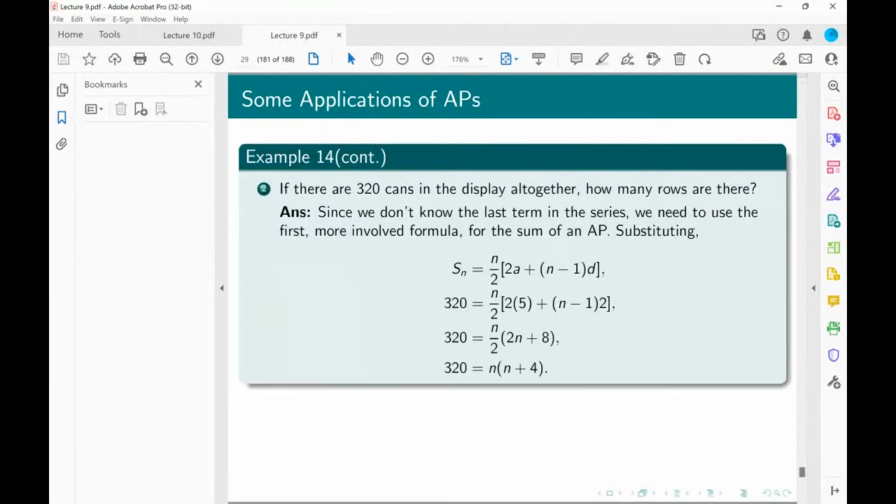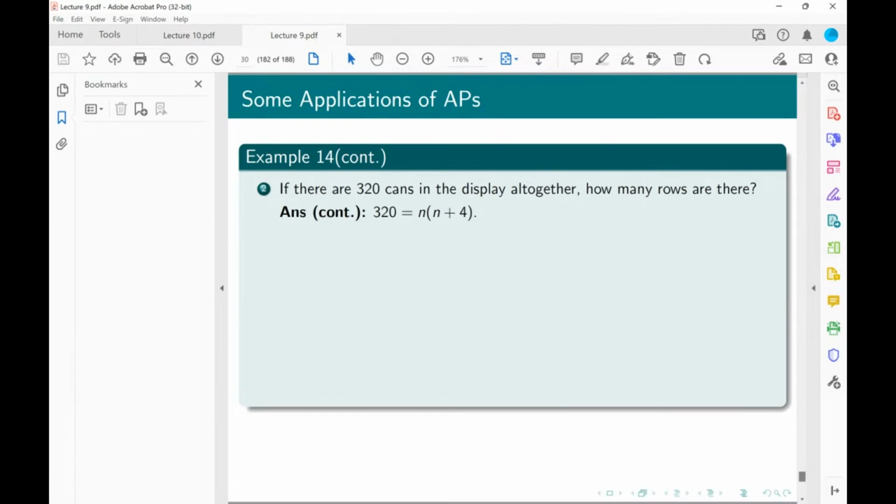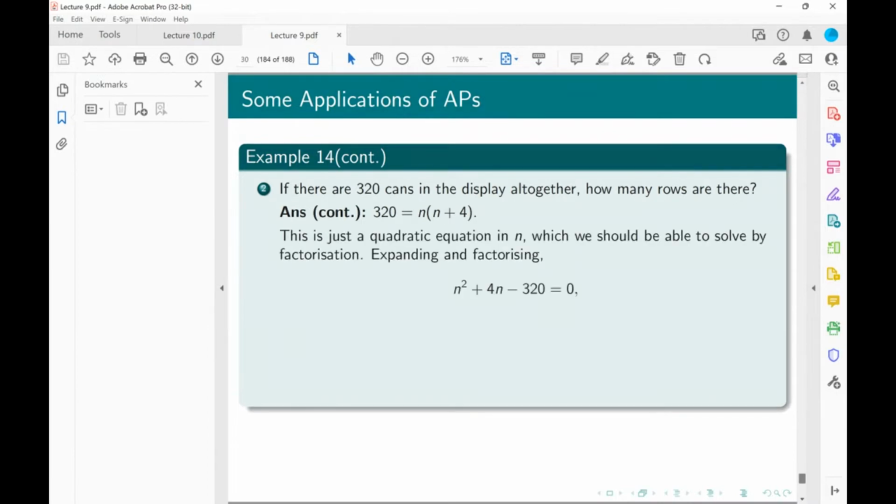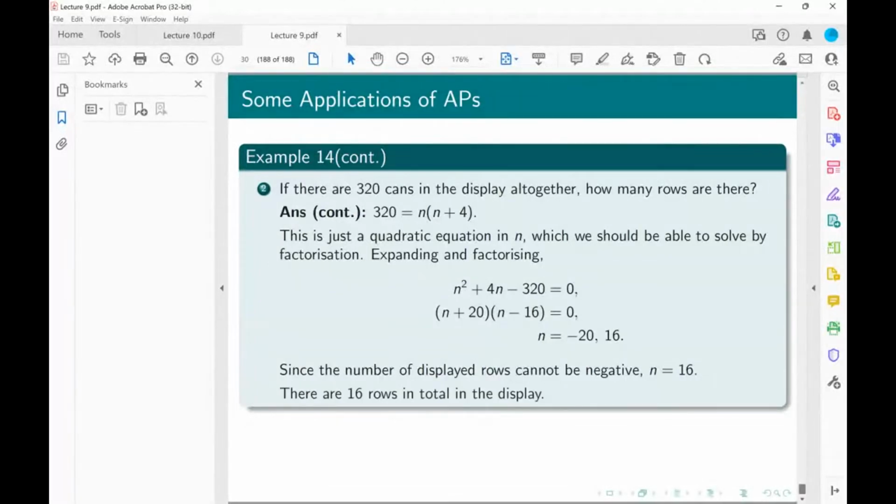Rearranging a little, we end up with n times (n plus 4) is 320, so n squared plus 4n minus 320 equals 0. This has roots 16 and minus 20, and 16 is the only one that makes sense for a positive number of rows. So there's 16 rows in total. I just wanted to make sure we covered that one.